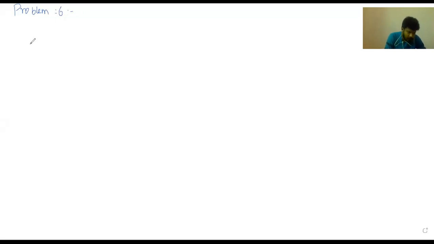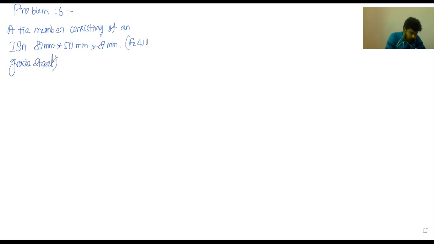A tie member, which is nothing but a tension member, consisting of an angle section, that is ISA 80 mm by 50 mm by 8 mm, Fe 410 grade steel, is welded to a 12 mm thick gusset plate at site.